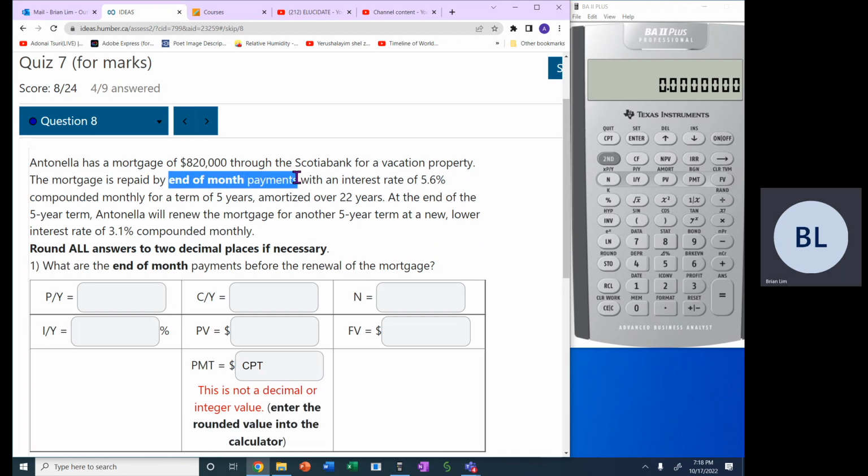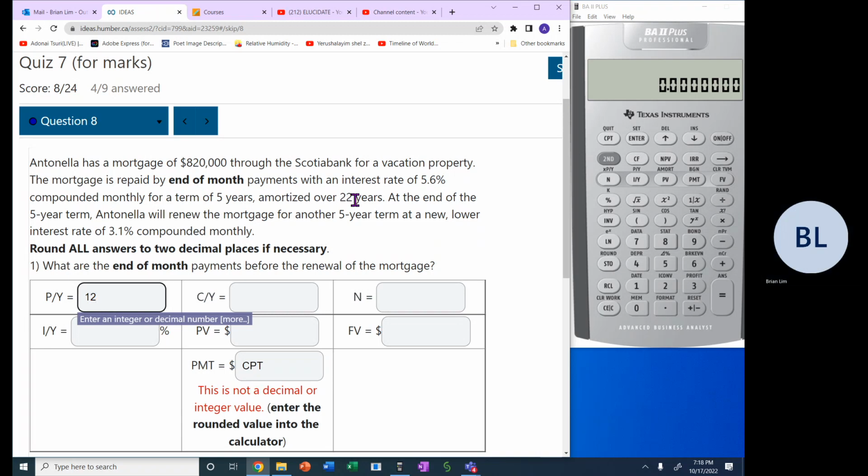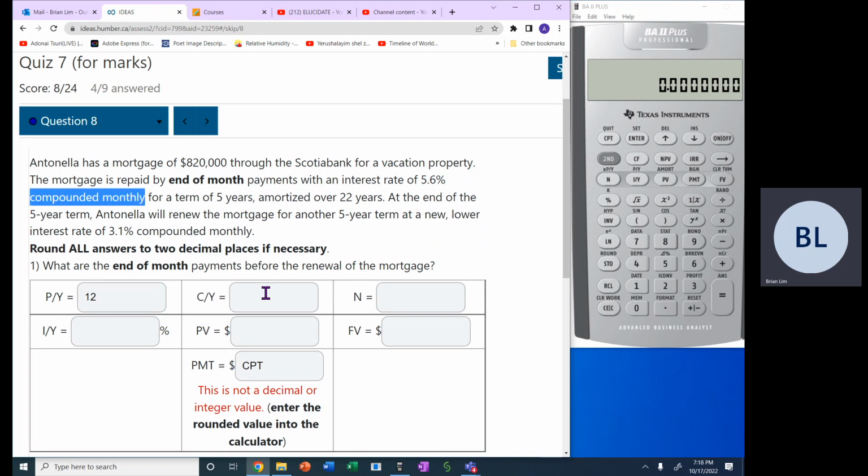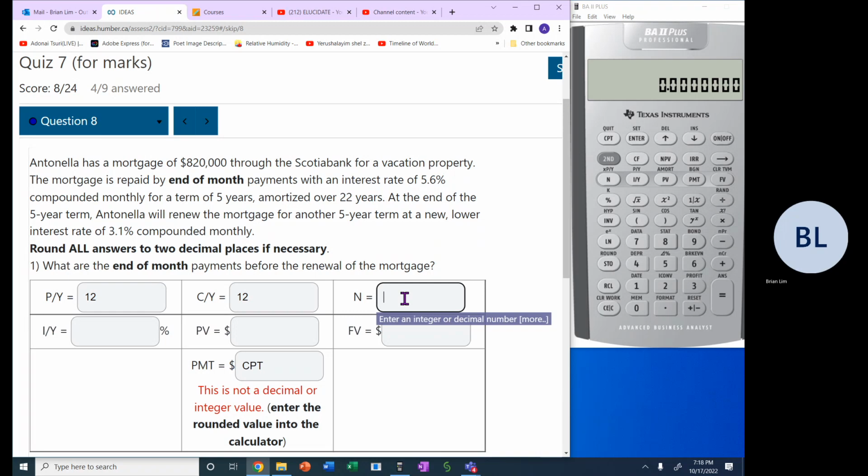So their end of month payment means P/Y is 12, and the interest rate is 5.6% compounded monthly, so it means that C/Y is also 12, right? Now the amortization, that is the number we use, the amortized over 22 years. That is what we use.